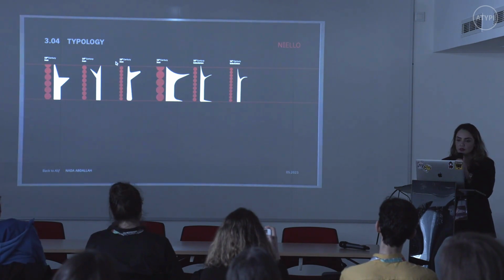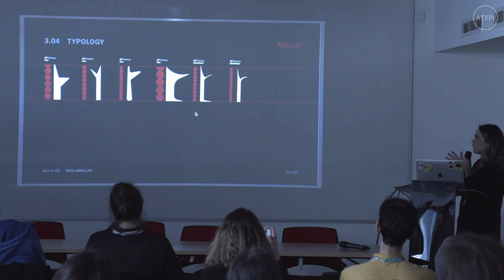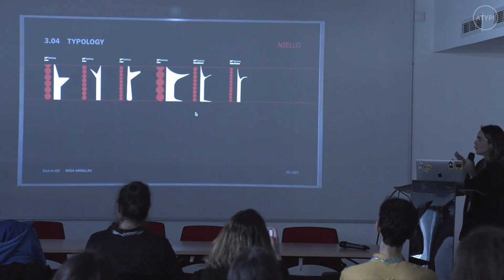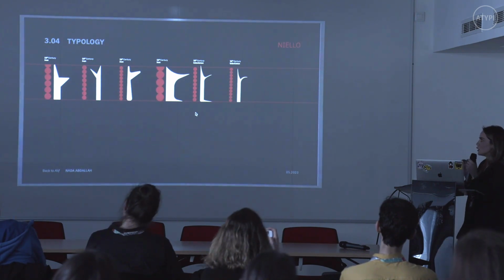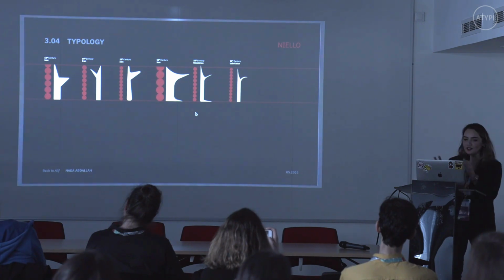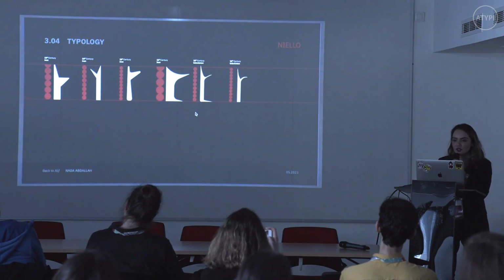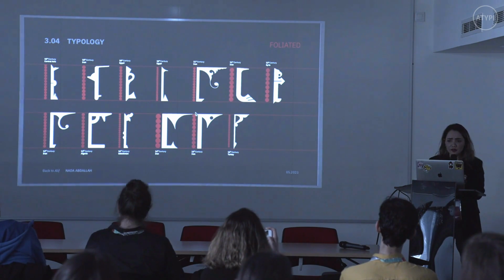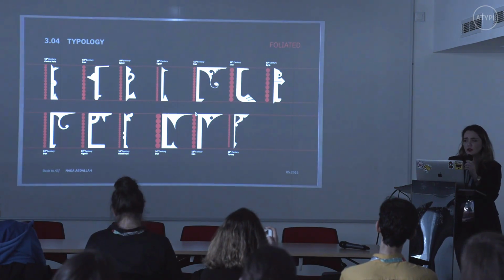But mostly it looked like there was a trend in that century working with this pointy, spiky, thorny-like shape. So these are, for instance, some samples of the foliated.